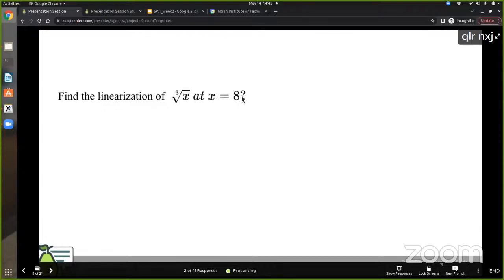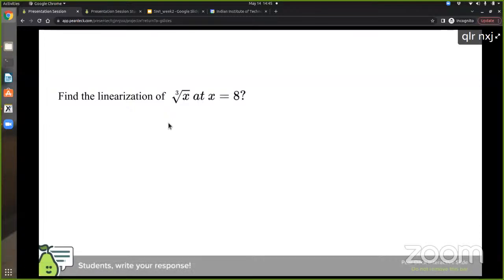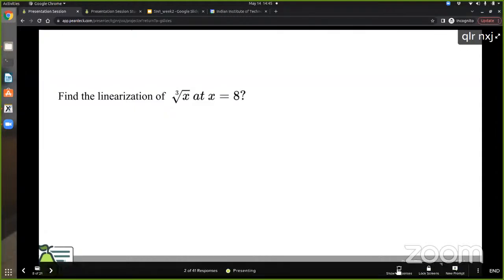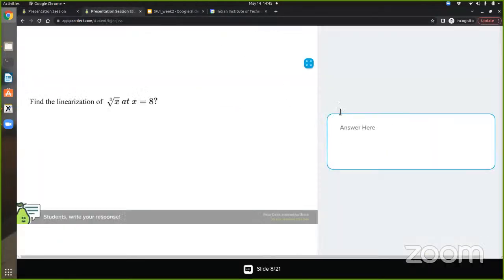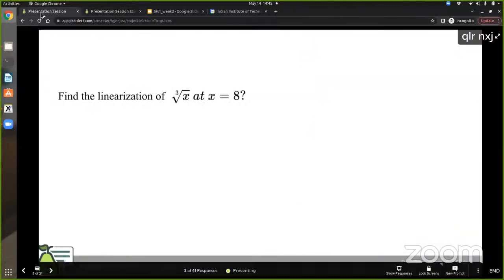A is given here to be 8. You should come up with a linear equation that approximates this function. We have to write the linear equation. Okay, you write the equation. We'll check.